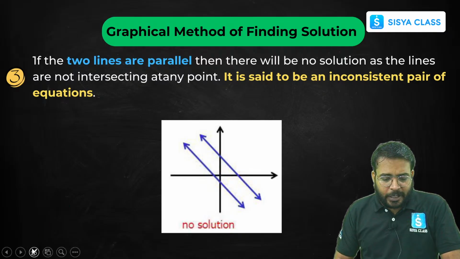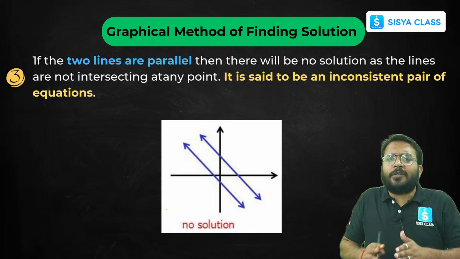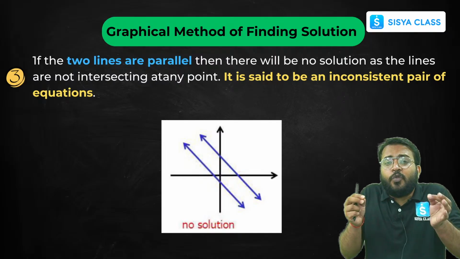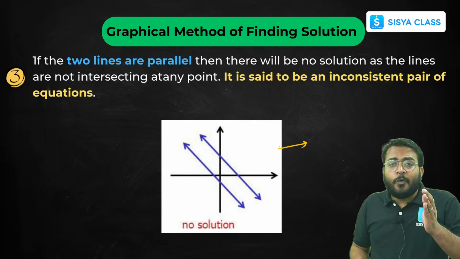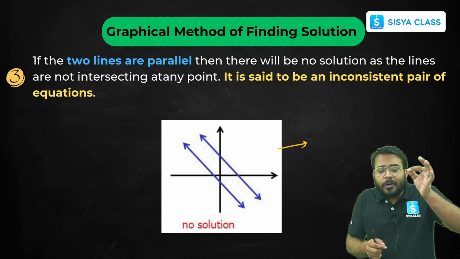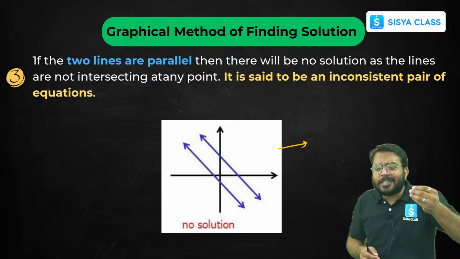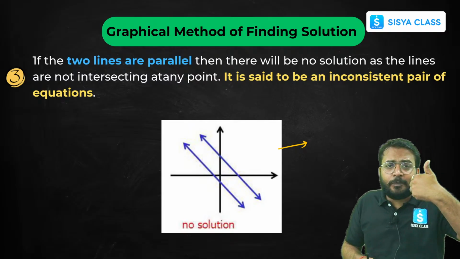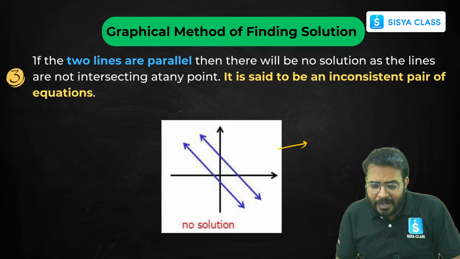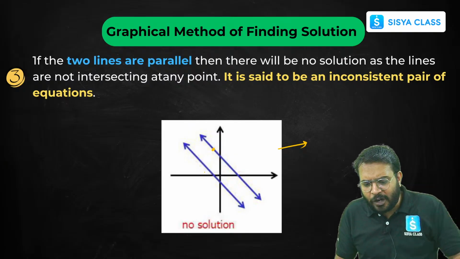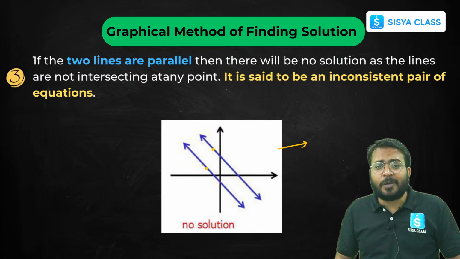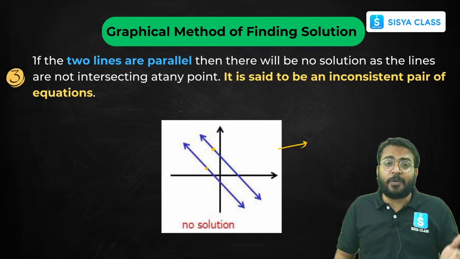Now suppose two lines are parallel, that means they are not intersecting anywhere. Yes or no? So you won't get any point which satisfies both lines. Either you will get points which satisfy my first equation, or some points which satisfy my second line.